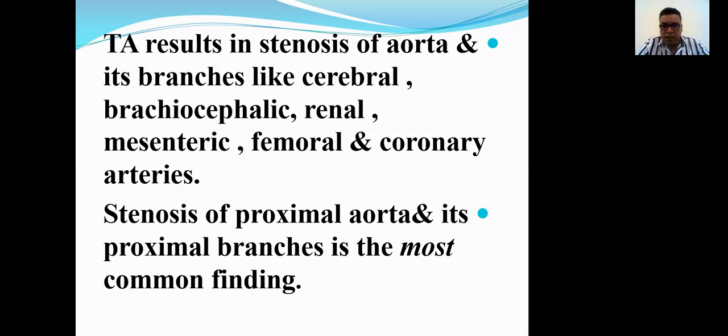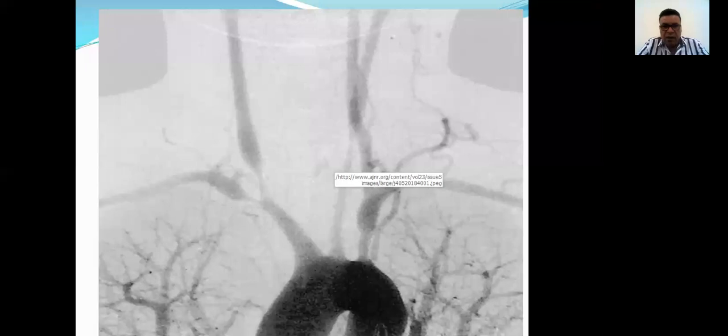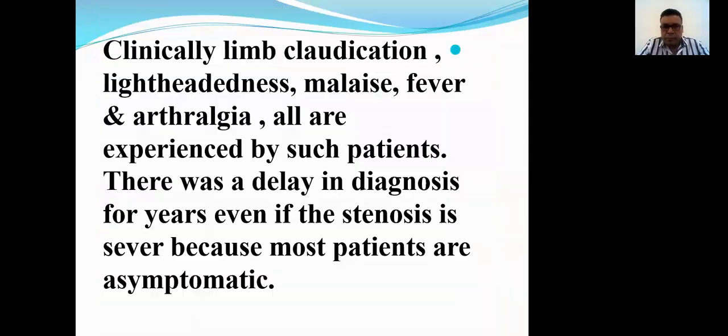Stenosis of the proximal aorta and its proximal branches is the most common finding. This here is the angiogram. Notice, it's very nice: narrowing or stenosis of the aortic arch and its branches. Okay, this picture is also clear.